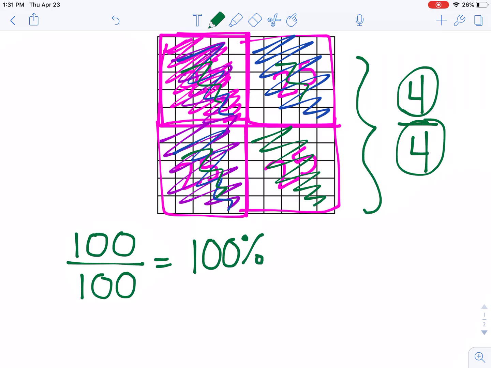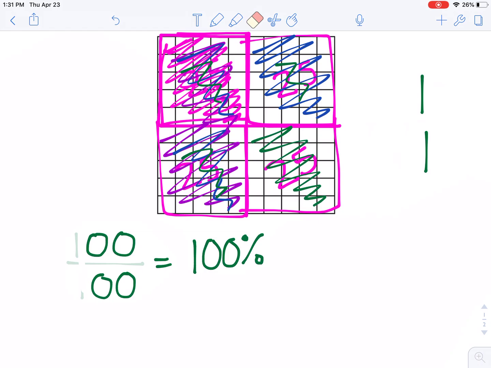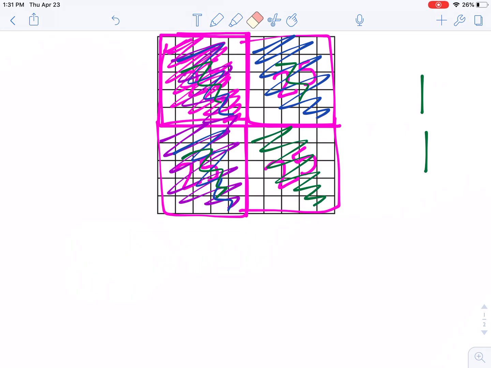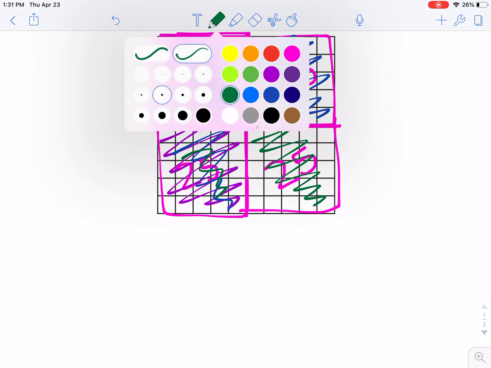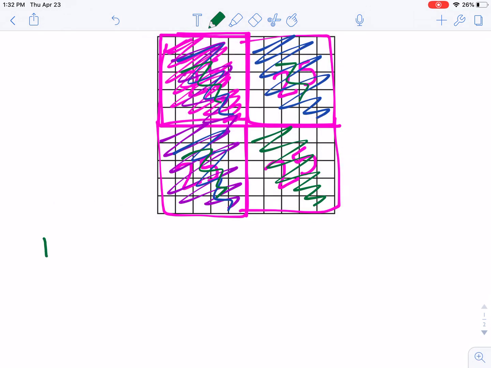So just to review, some of our easy percents that I want you to keep in your mind is that, I'll keep that color. 1/4 is 25%.